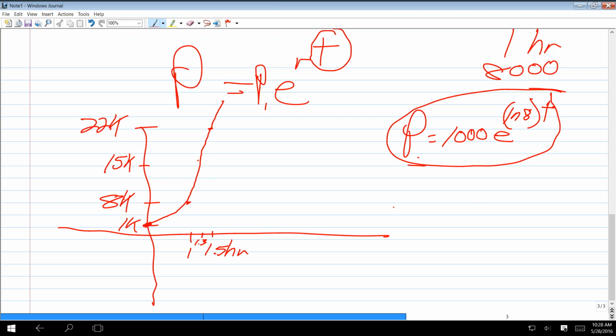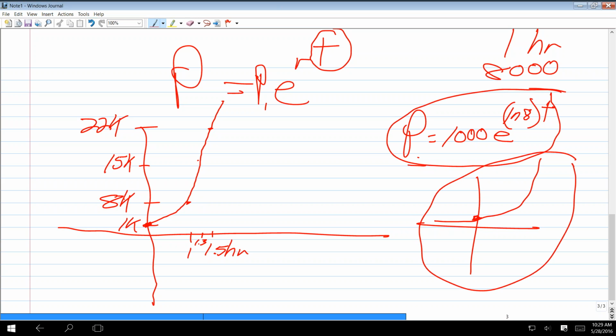So the curve is going to start there, and then it's just going to have an exponential shape to it. In other words, a typical exponential curve, if I just said what does e to the x look like, it looks like that. Well, this is going to be from here up. Okay, that makes sense. But all exponential curves look like this. It doesn't matter whether it's e to the x or 5 to the x or 100 to the x. It has this same kind of shape and appearance.